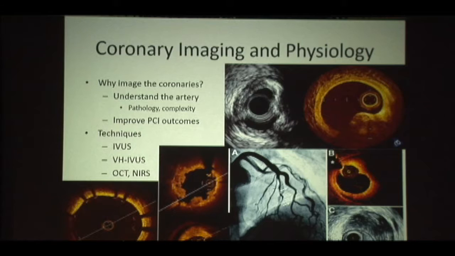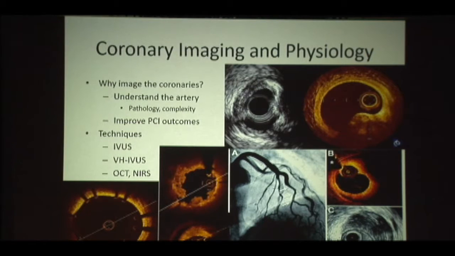Here is a patient who presented with what looked like a STEMI, and all that was seen was some haziness in the mid-LAD. If you then went on to imaging, either with an IVUS or OCT, what you can see here is a pretty significant spontaneous coronary dissection. So it provides you substantial understanding of the pathology here.